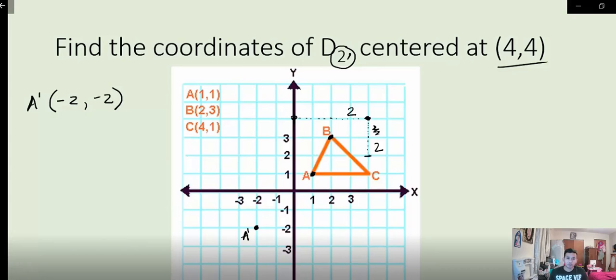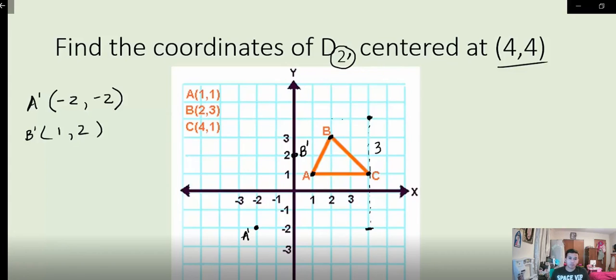Double that. That will be 2. Therefore, that's our B prime. So our B prime will be 1, 2. We do the same for C. Vertically, that's 3 units, and of course, we have to double that. That will be our Y value in our C prime. And then horizontally, what will be the X value?